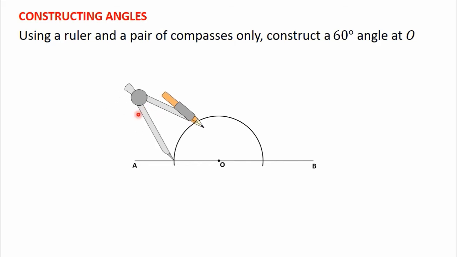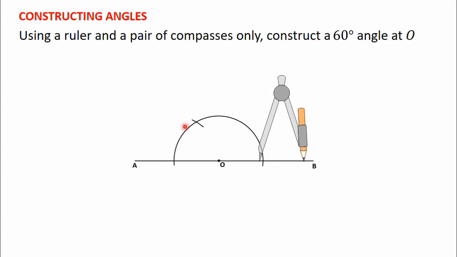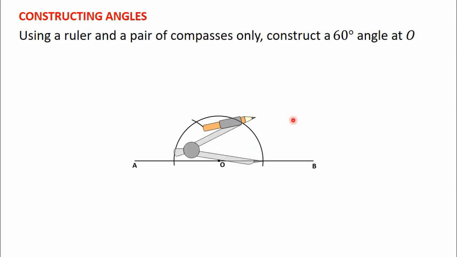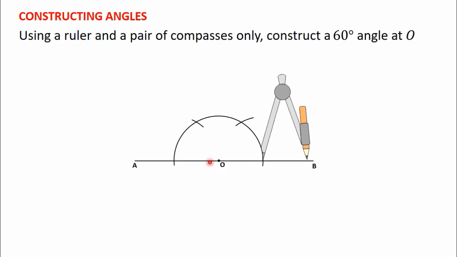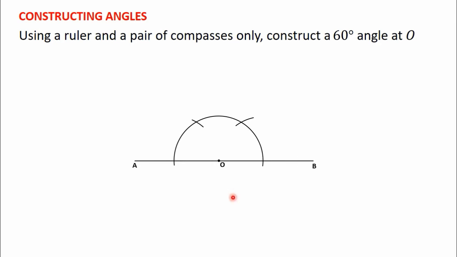After that, using the same radius, you move the needle of the compass from this point to this point, which is the second point of intersection between the line AB and the semicircle. Then you turn the compass and you construct another arc to intersect the semicircle. We are now done with the compass, so I'm going to take the compass off. By doing this, we have divided the semicircle into 3 equal parts.